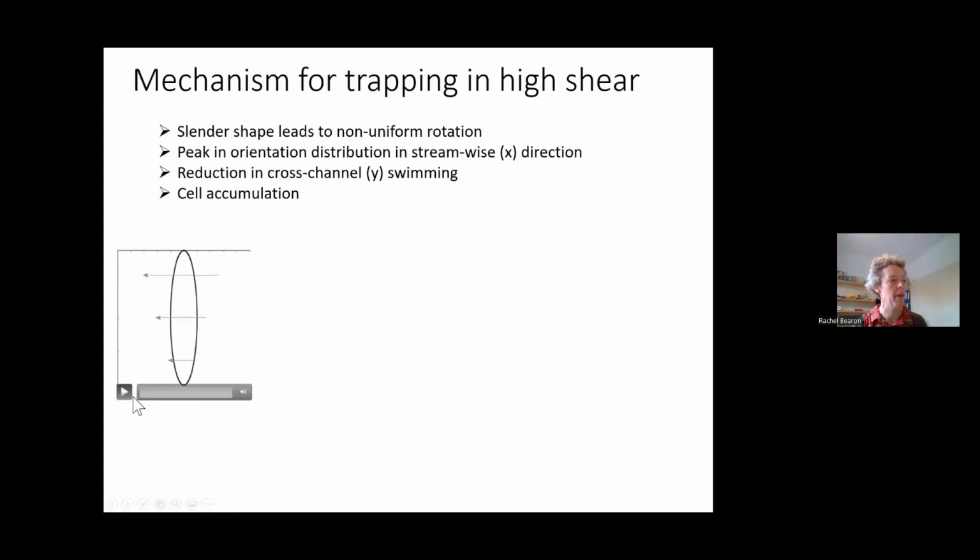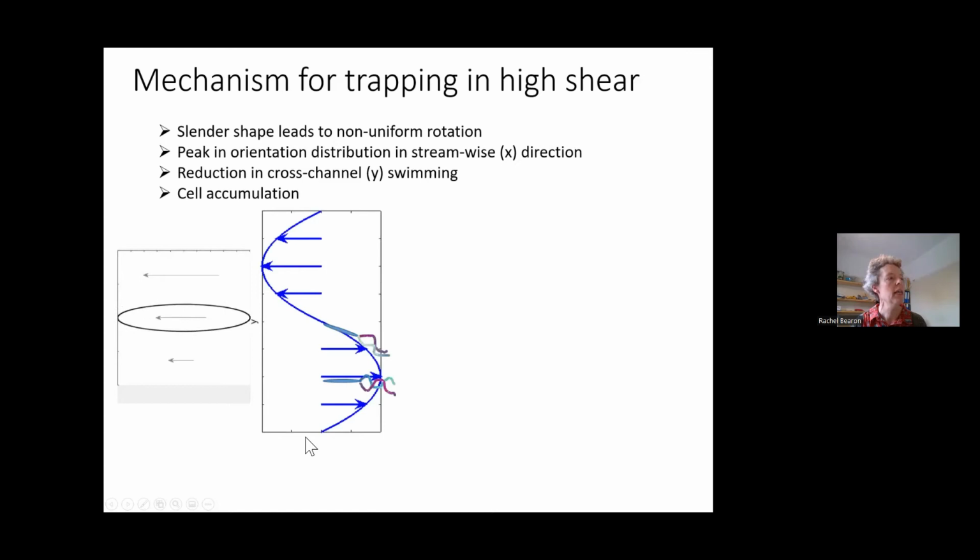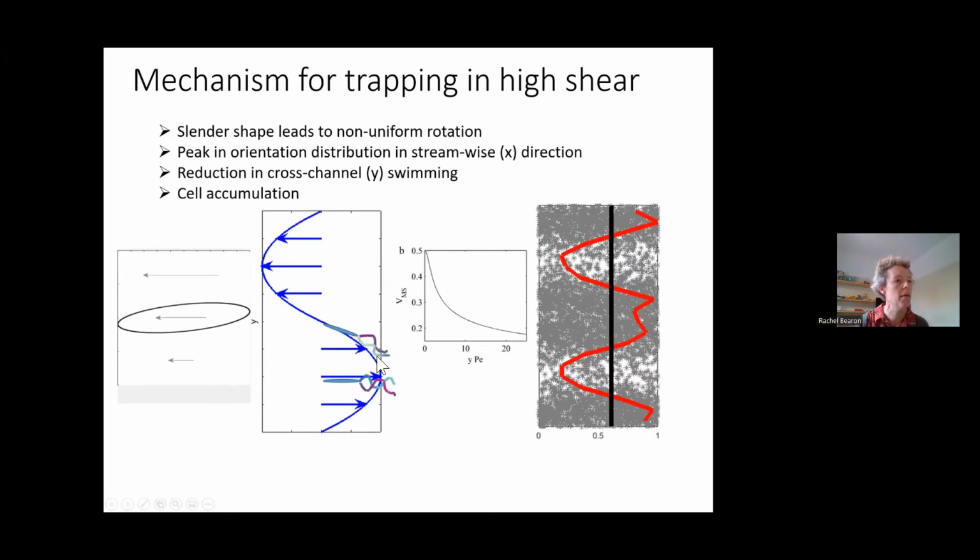The basic mechanism that we and others have discussed is that when you have a cylinder shape, you have this non-uniform rotation, you get a peak in the orientation in the streamwise direction and a reduction in the cross-channel swimming. I think that picture slid a little bit. This diagram here is probably better.